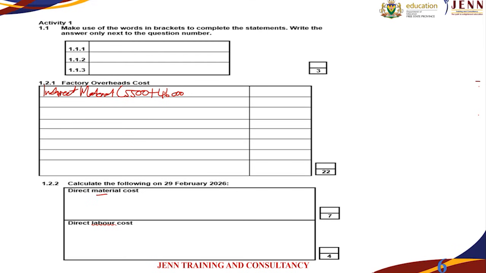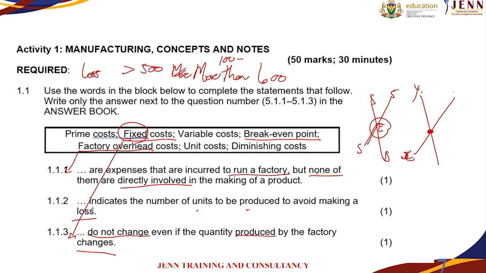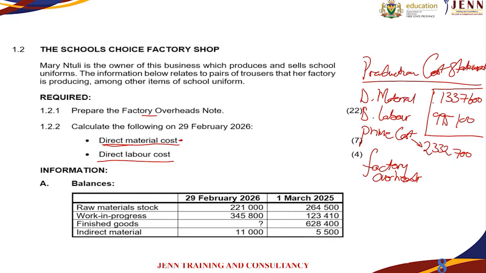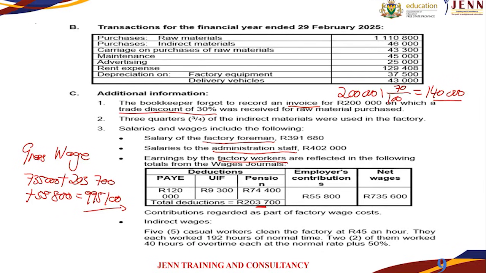Let's go and look for returns, if we do have returns on our indirect material. Now, when we go to our information B, there is no returns on indirect material. Secondly, there is not even carriage on indirect material.